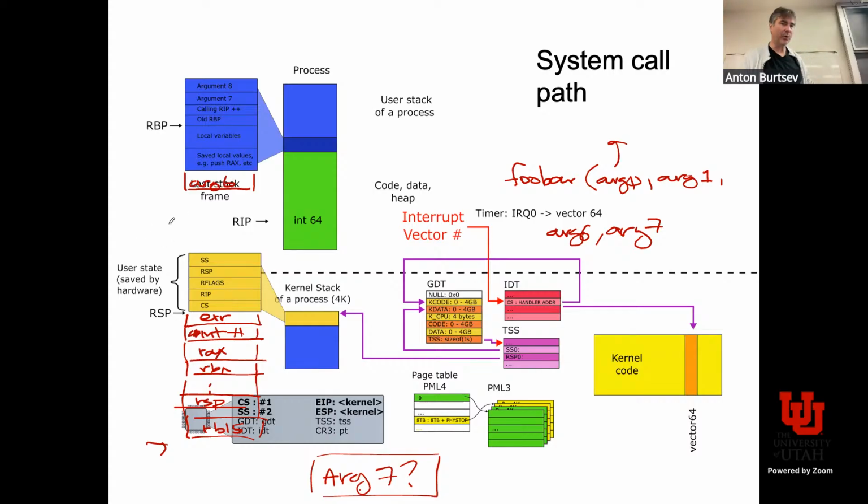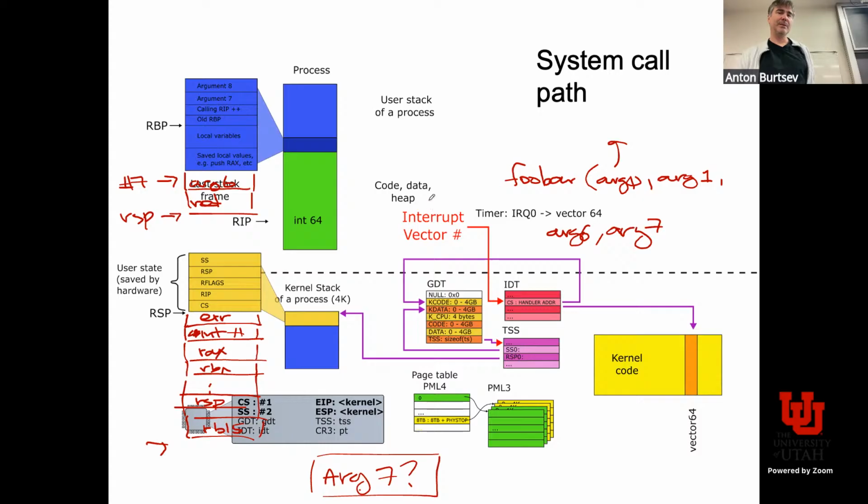After that, we actually invoke foobar, so there will be a return address from foobar. And this will be the value of RSP when we enter the kernel. Make sense? So our seventh argument is sitting right here on the user stack. So in order to fetch this argument, which location do we have to access?